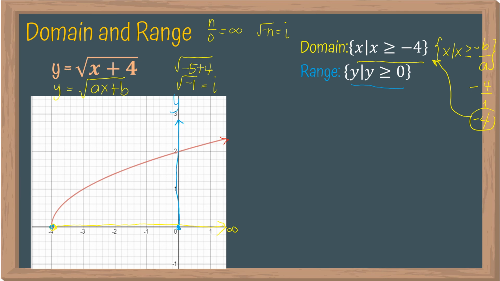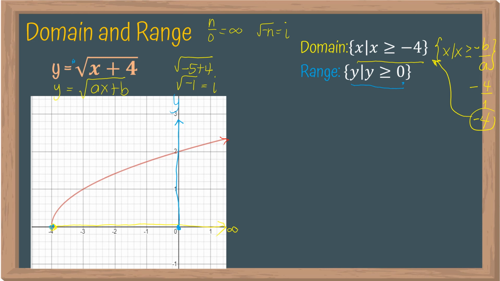Why is it greater than or equal to 0? Are there no other possible values that we can have for the range? As long as we do not have any sign before the radical symbol, it indicates that it is positive. Therefore, our range will be greater than or equal to 0.